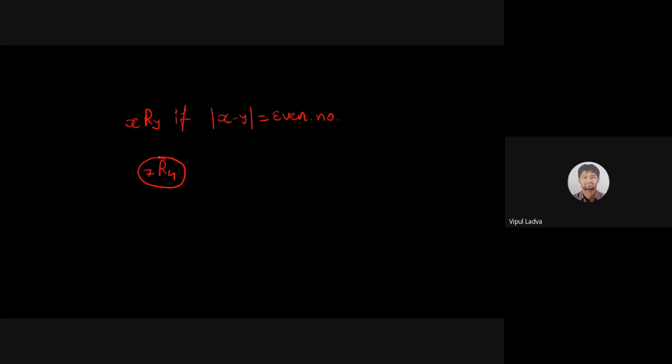First of all, identify whether 7,4 is possible or not. Is it possible? No, it's not given. Not even number, sir. 7,4 will belong to R or not? First of all, let me know. 7,4 है वो R में होगा कि नहीं होगा? It will not be present over there.